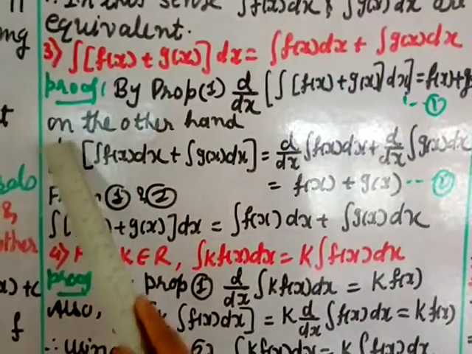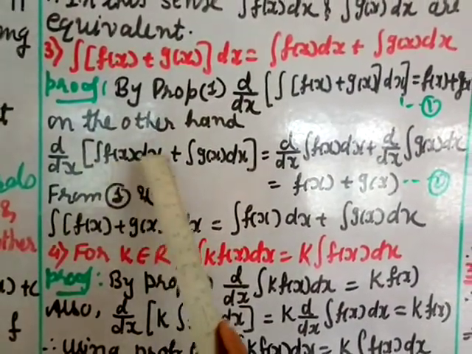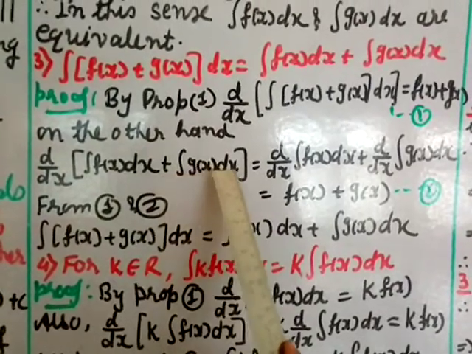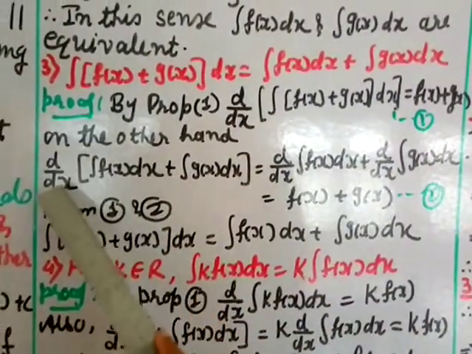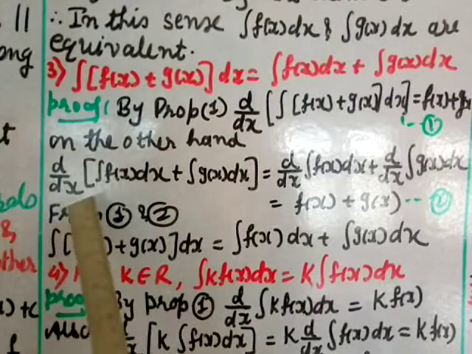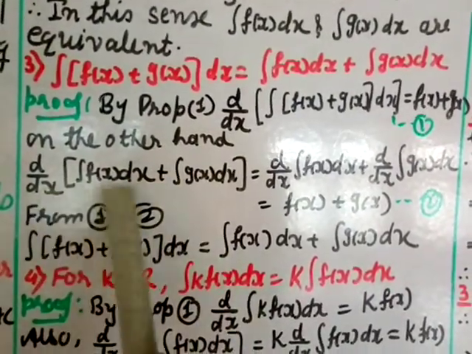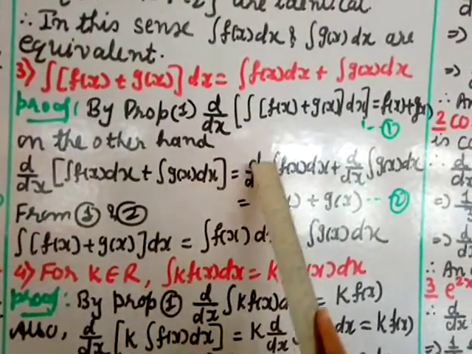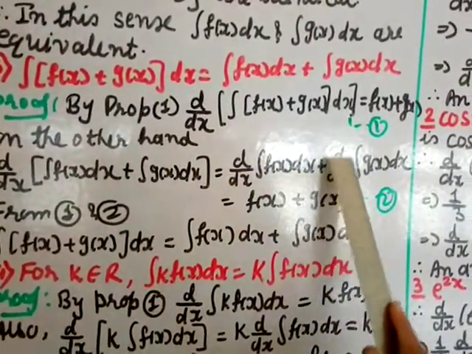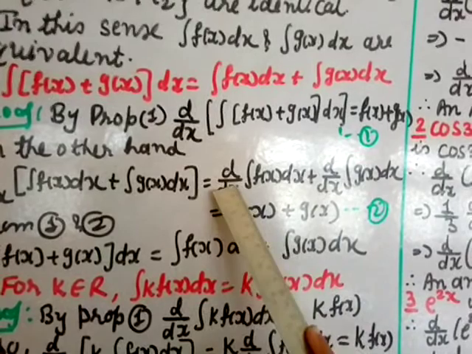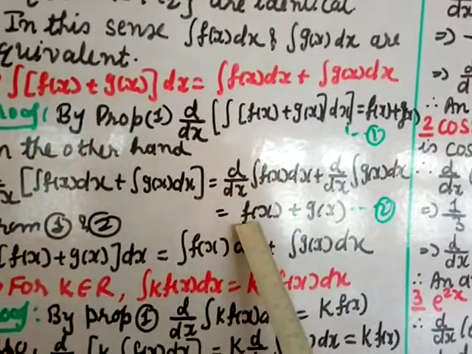On the other hand, take d/dx of (integral f(x) dx + integral g(x) dx) and find the derivative. Now we know the rule of derivative: you can differentiate each function separately. So d/dx of integral f(x) dx plus d/dx of integral g(x) dx. The integral and derivative cancel, so f(x).